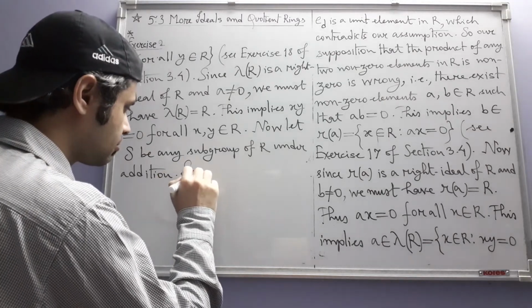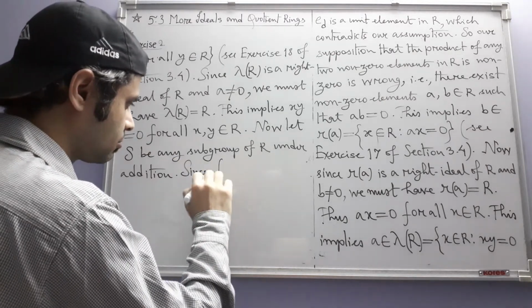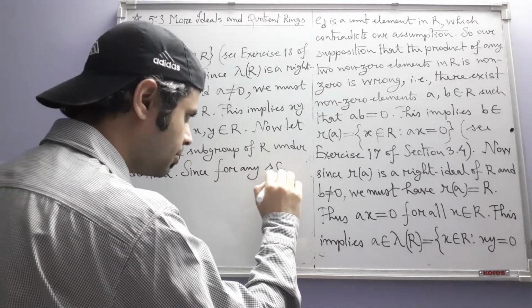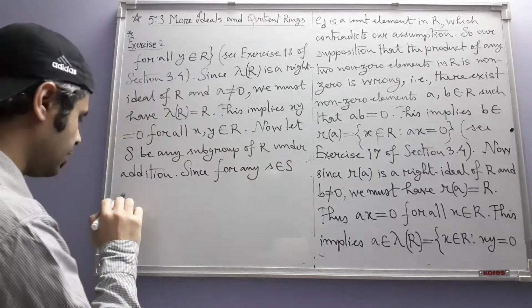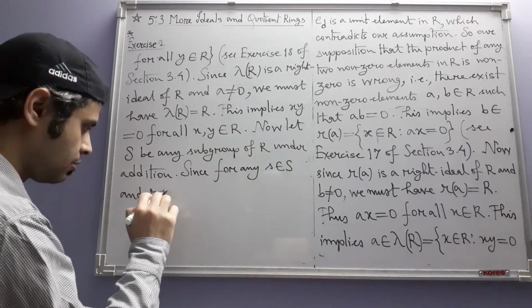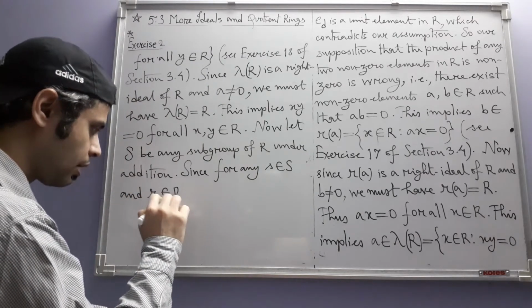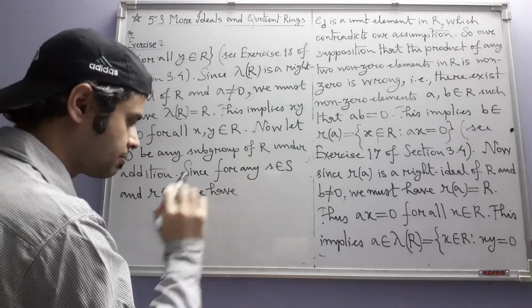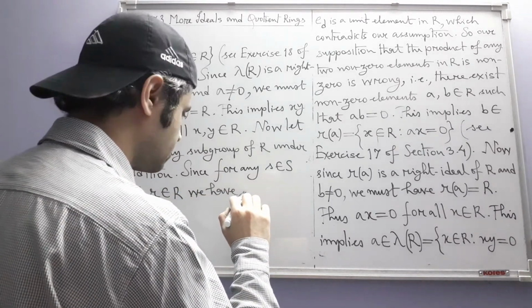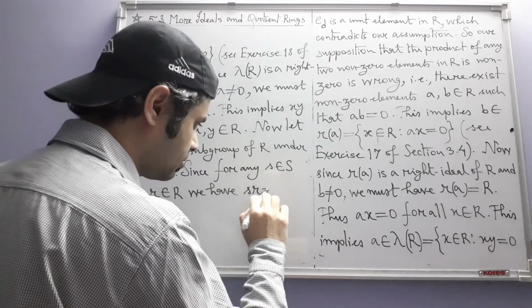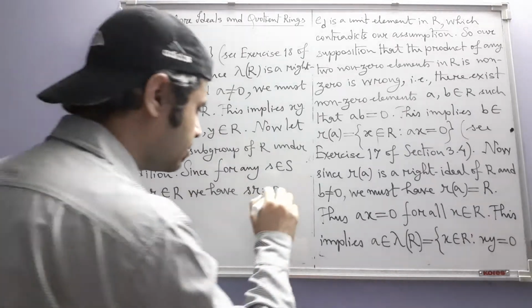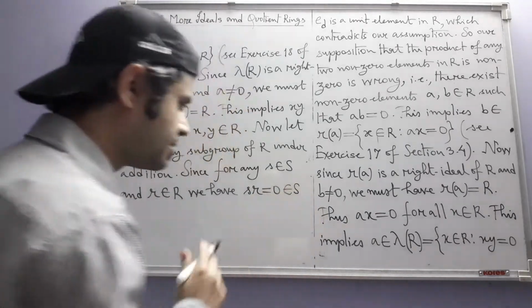Since for any s belonging to S and r belonging to R, we have sr equal to 0, because the product of any two elements is 0, and this must belong to S because S is a subgroup.